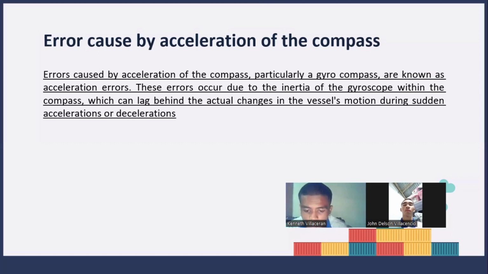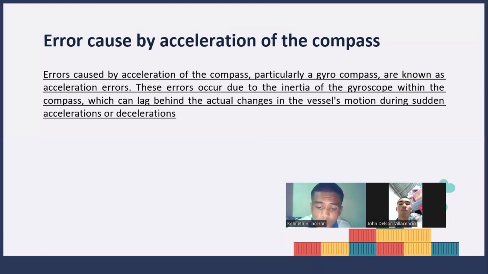Compensate during turns. In aircraft, pilots often apply a small correction to compass readings during turns to account for acceleration error. Refer to other navigation systems, such as a gyro compass or GPS, which are less susceptible to acceleration errors, for more accurate heading information in critical situations.